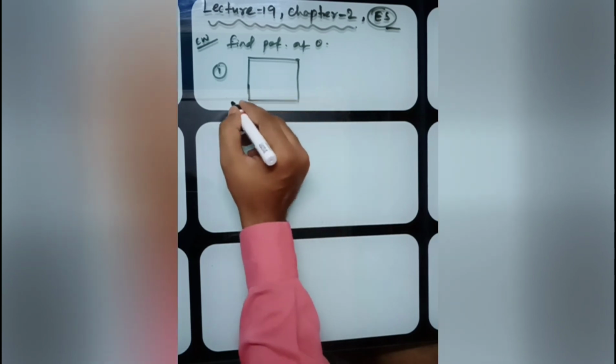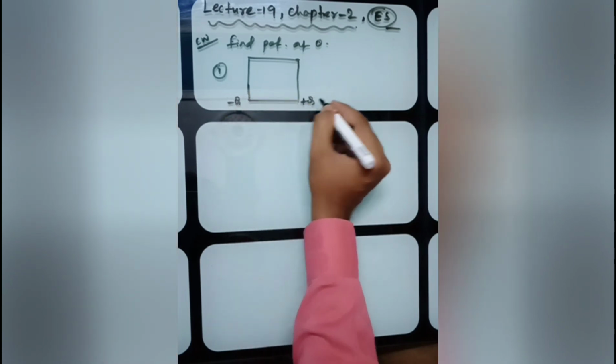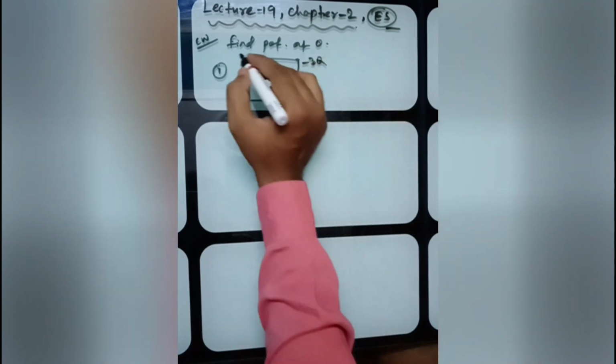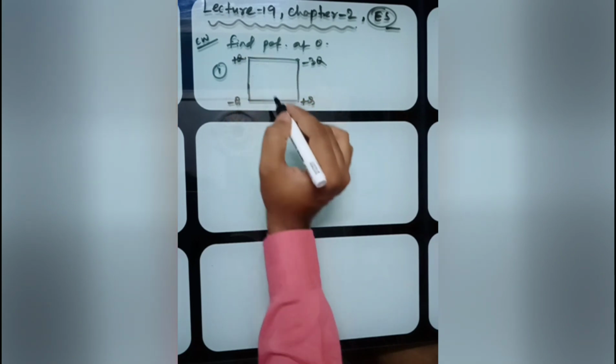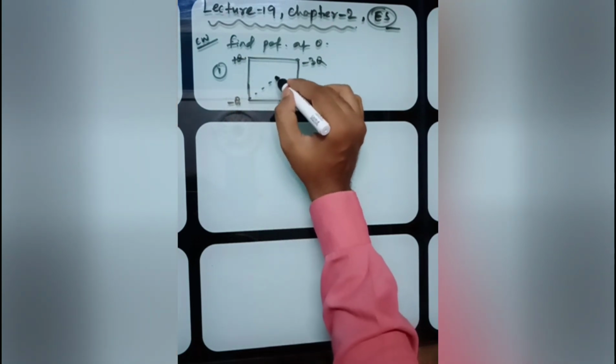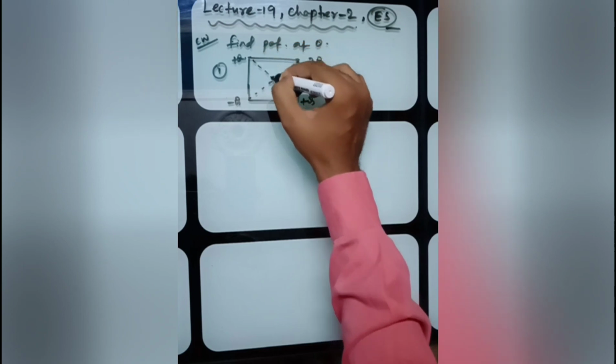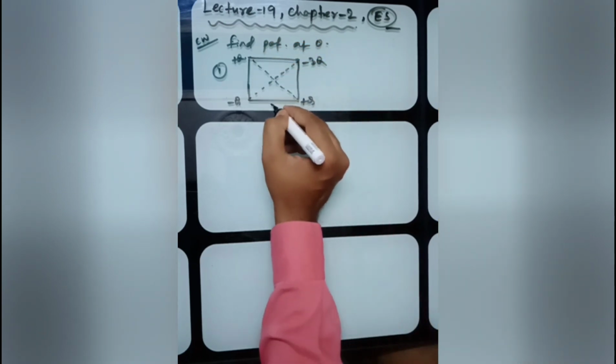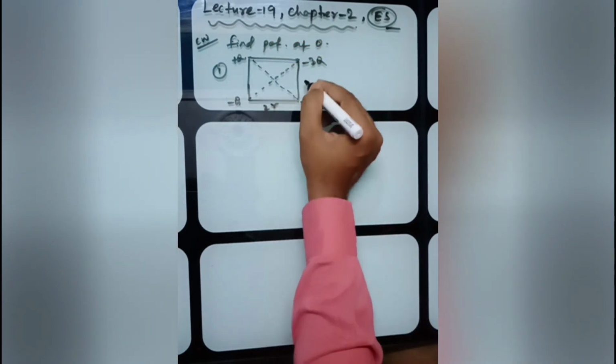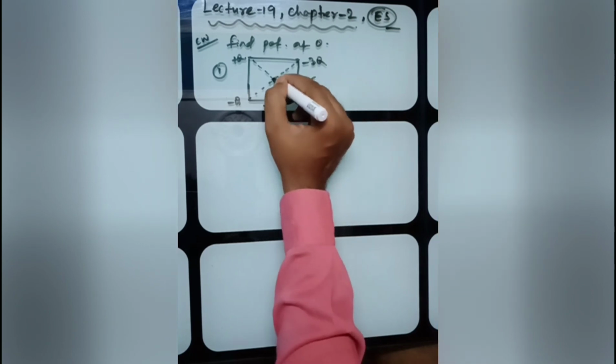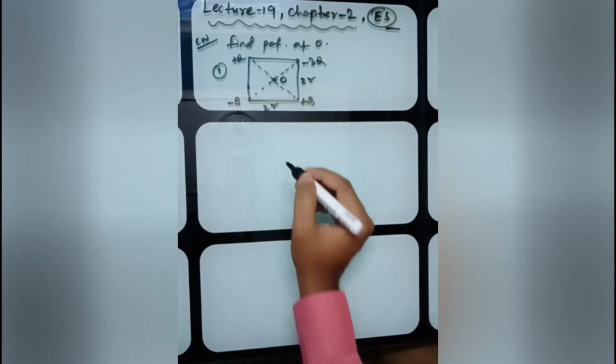Don't be tense. Minus Q, plus Q, minus 3Q, plus Q. And this distance is 2r. You have to find potential at O. This is the square.